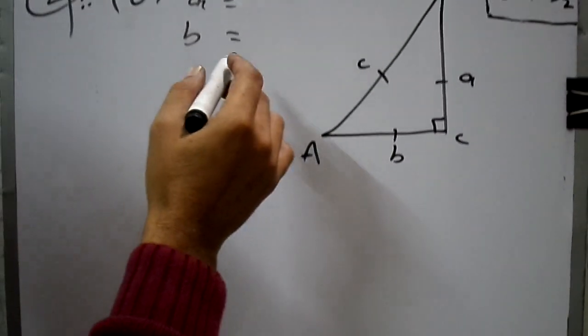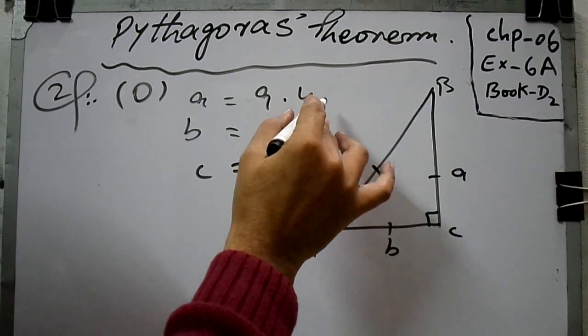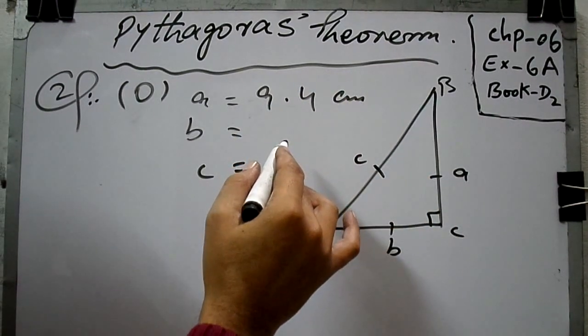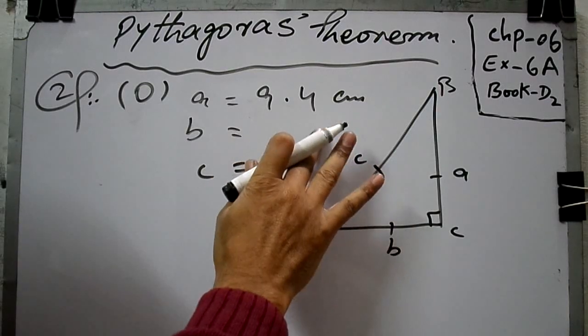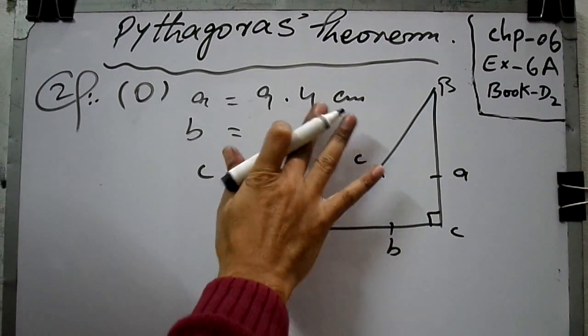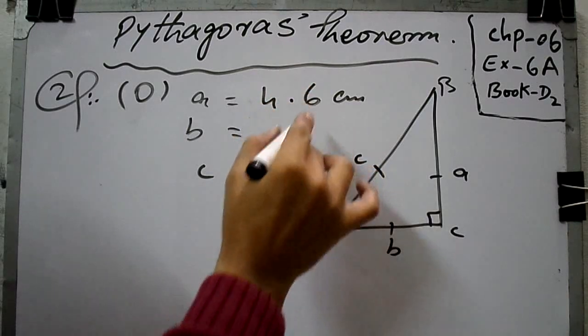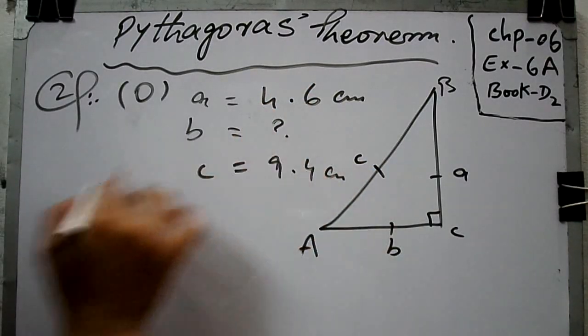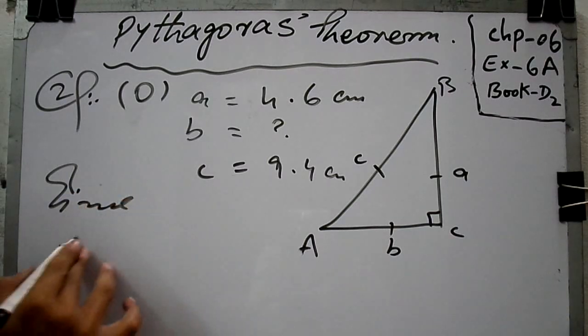The C is 9.4 centimeter and A is 4.6. A is 4.6 and C is 9.4 centimeter. We have to find B, since B square is C square minus A square.